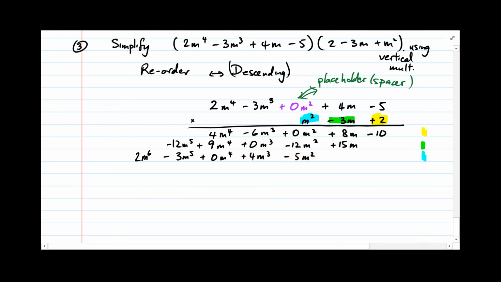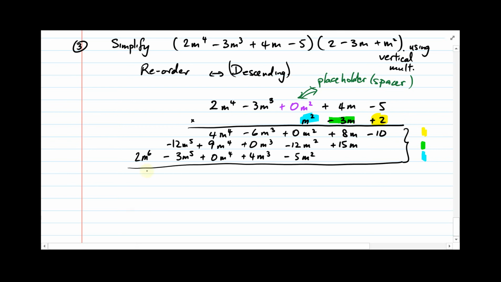Right, so I'm simply multiplying each term by the respective term in the trinomial. So m squared is the last line, minus 3m is the partial product of the first, and then I multiply the partial product with 2, and now we have these 3 lines.